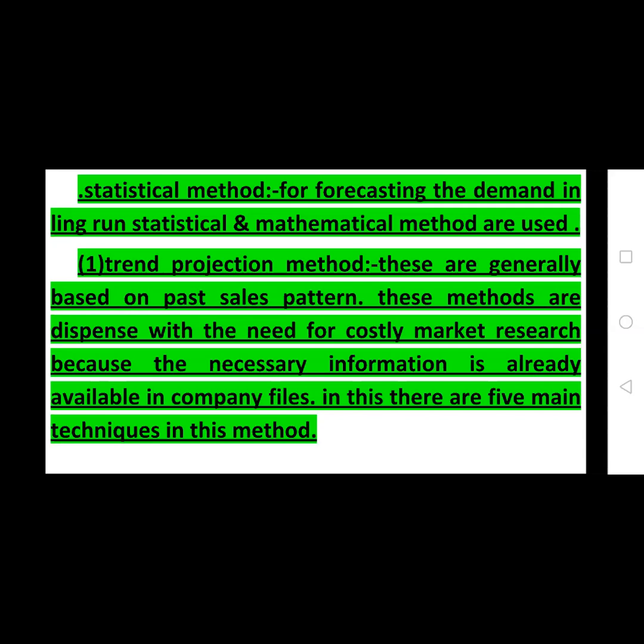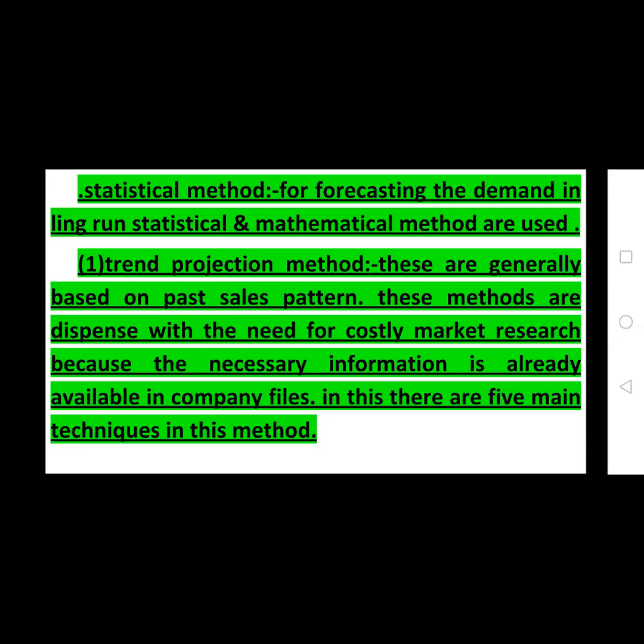Each and every company maintains its files, so the past data is available in the files. For example, if you want to estimate future demand, the information you need is the past 2 years' data, or past 3 years' data. In these situations, the company's past data is helpful for estimating the future demand.